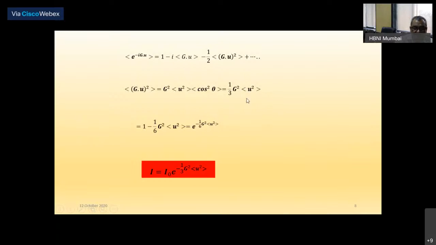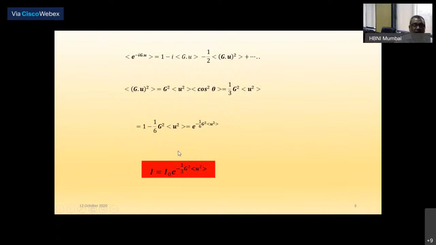And that will give me 1/3. The square remains, and I need an average u square. So 1 minus half G dot u square becomes 1 minus 1/6 G square u square. Under the assumption that this term is small, 1 minus x, I can club it back as e to the power minus 1/6 G square u square, e to the power minus x.